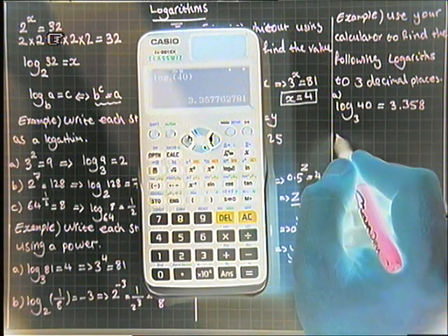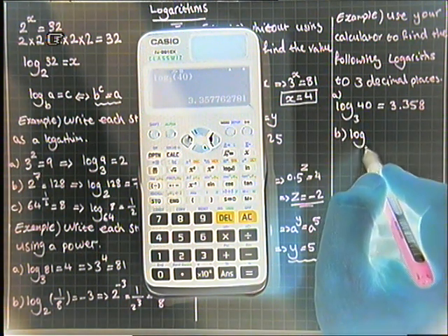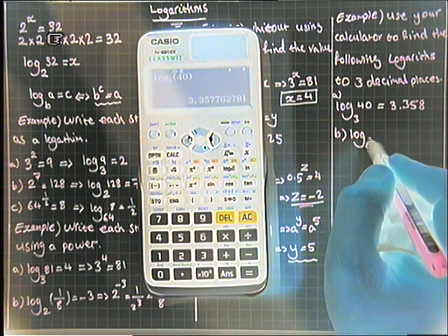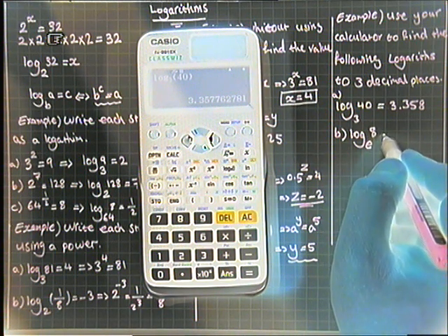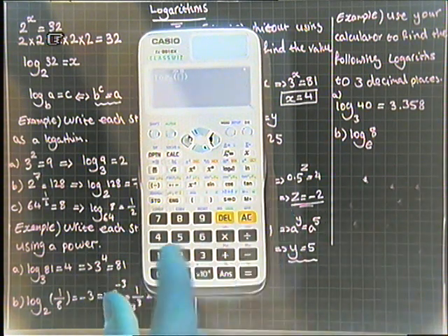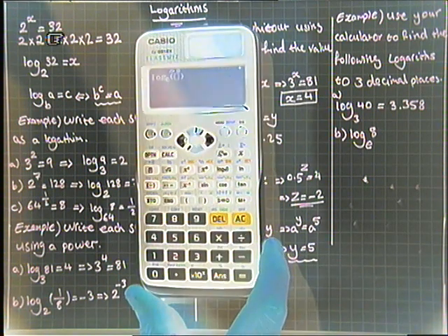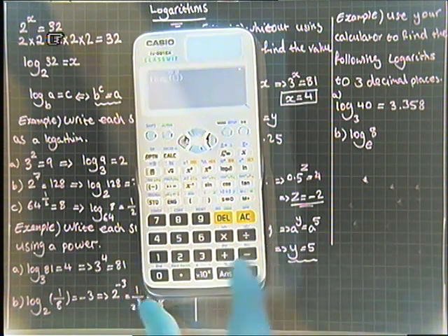Let's call this one A. Next one, B: log of base e of 8. Okay, let's write down log of base e. E should be one of the buttons here.